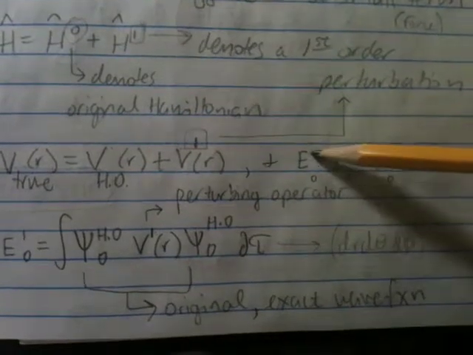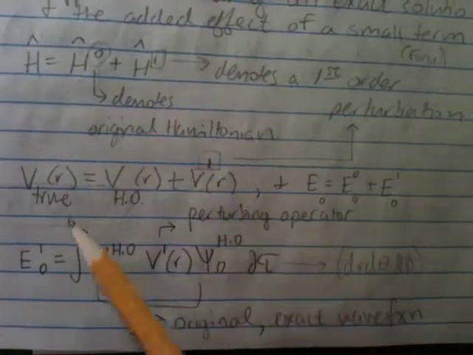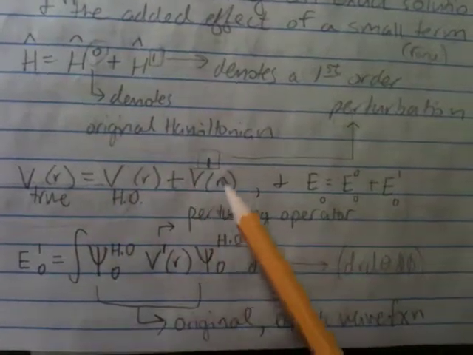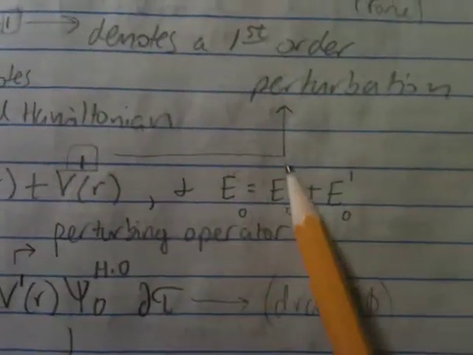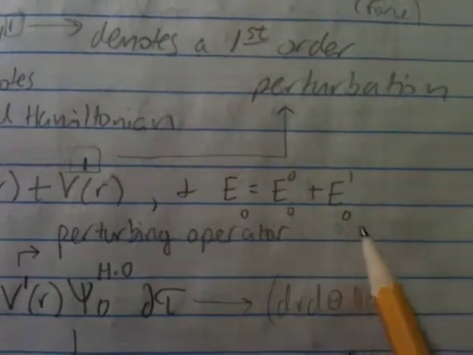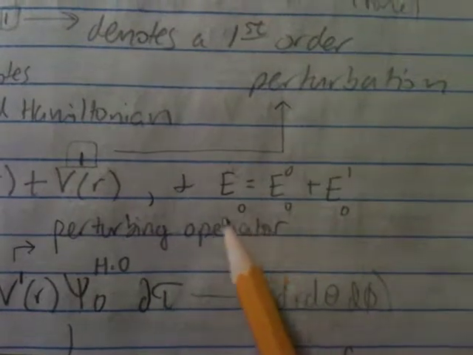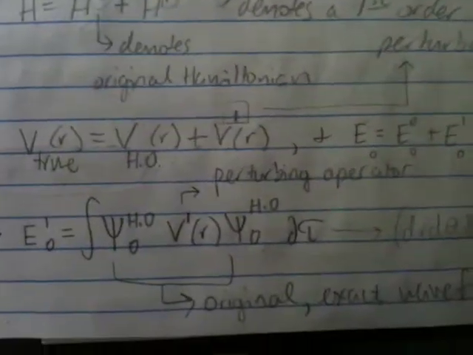This means that the energy can also be rewritten. You see this pattern where it's original plus effect, original plus effect. Your original energy will equal your exact energy plus the effect. Same energy level here, but this is first order perturbation.